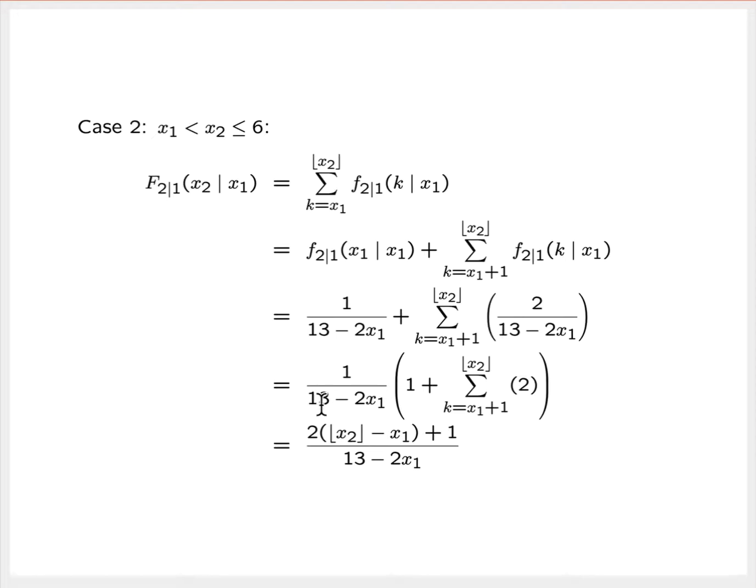And so we can simplify this. Notice that I'm pulling 1 over 13 minus 2 times x1 out of this sum and simplifying. And so we get 2 times the quantity, which is the difference between the greatest integer less than or equal to x2 minus x1, 2 times that difference plus 1, over 13 minus 2 times x1.